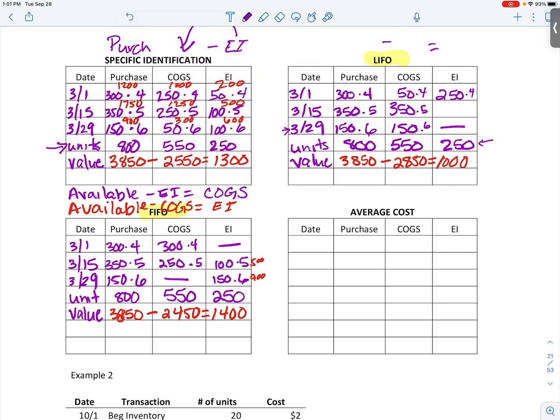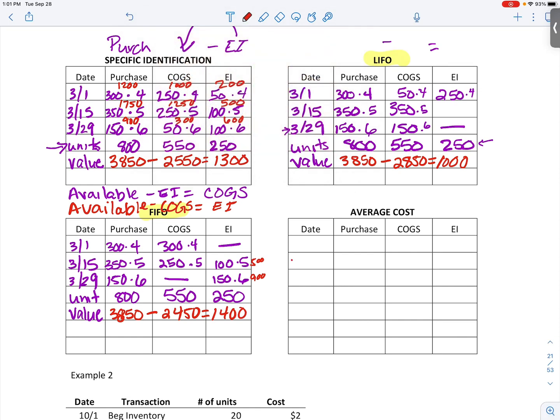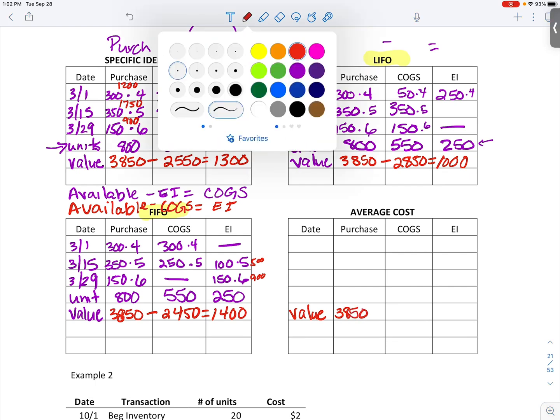One last one. This one I'm going to give you a little bit of shortcut. Again, you can record everything if you want to. But here I'm going to start with the values. We're going to start here with the value. We know we have 3850. We know that because we've done all these problems.